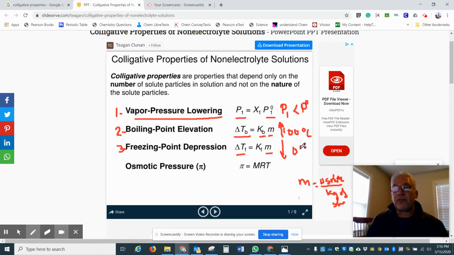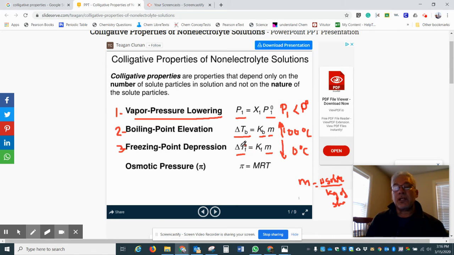So instead of freezing at 0 Celsius degrees, it will start freezing at a lower temperature. When I say freezing, I refer to going from liquid to solid. So the water will remain liquid at lower temperature. That's why salt is added to the road when there is snow, in order to prevent accidents, because you can slide on the road.